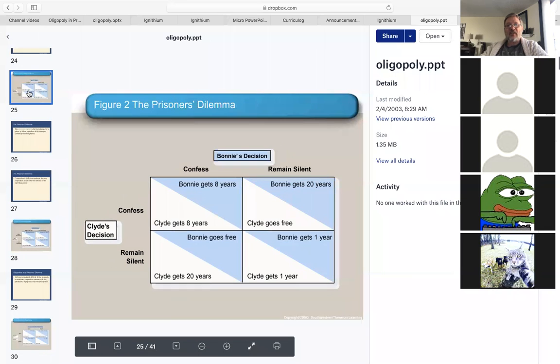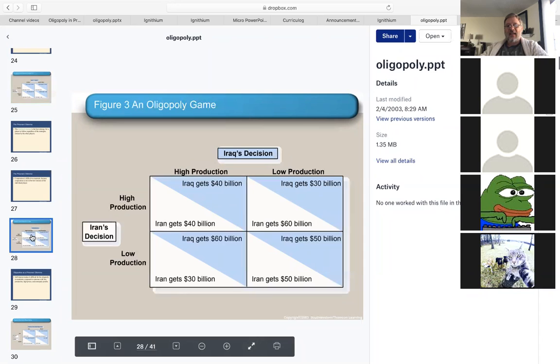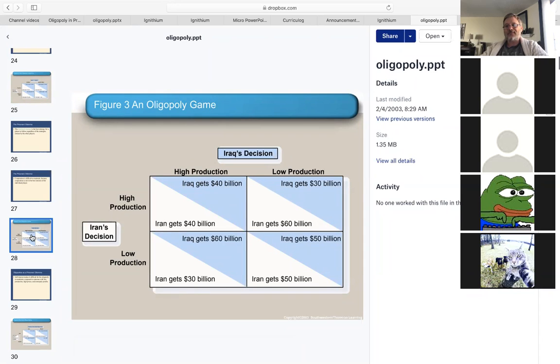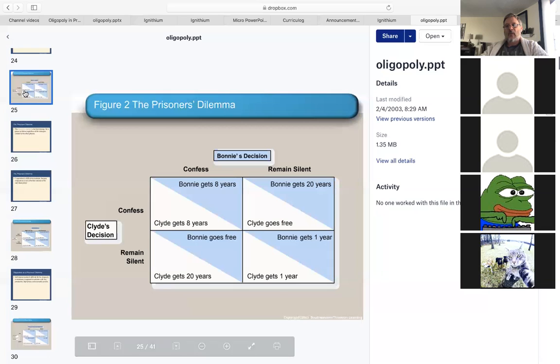Well, the only difference here is the payoffs for Bonnie and Clyde are in terms of years in prison, and the payoffs for Iran and Iraq are in dollars. Remember, the payoff is just the outcome. So this is a general game where we're just looking at the outcome in terms of years.